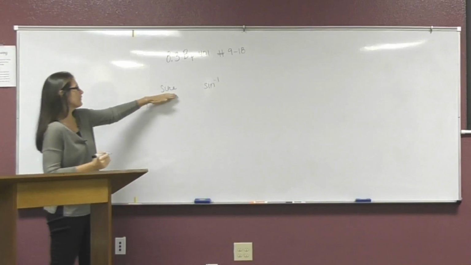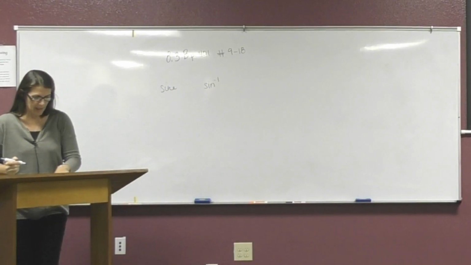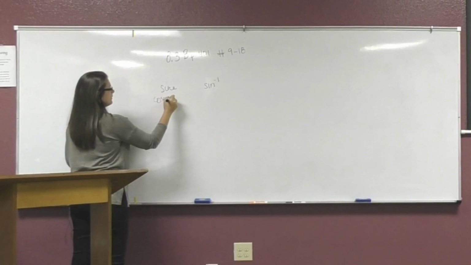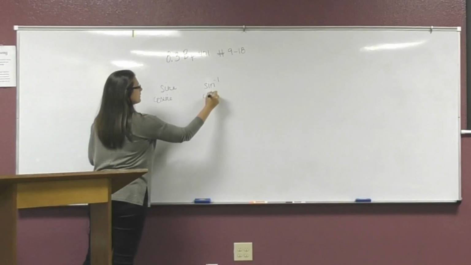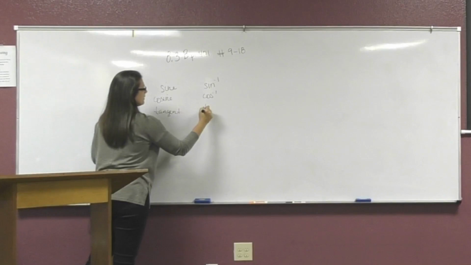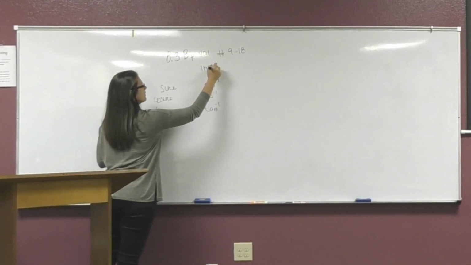So this is a trig function. This would be the inverse. And then likewise, cosine would look like this, and tangent. So these are the inverses.